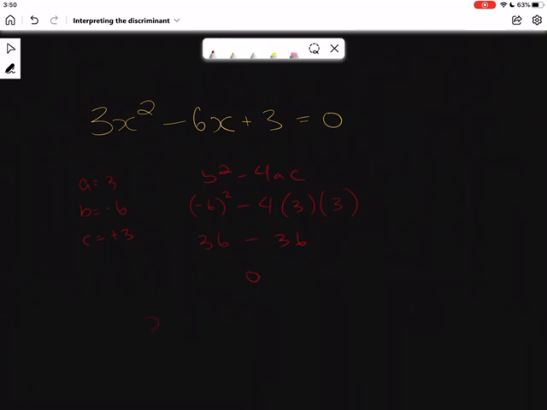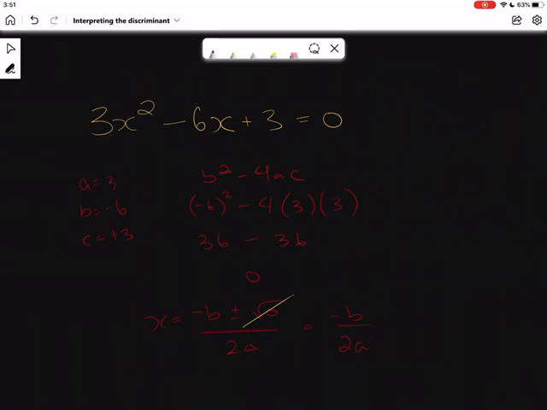And so when I go to calculate what x could be, I have negative b plus or minus the square root of 0 over 2a. But if I have the square root of 0, that means this radical literally just disappears, which means I'm only left with negative b over 2a. I'm not adding or subtracting anything.